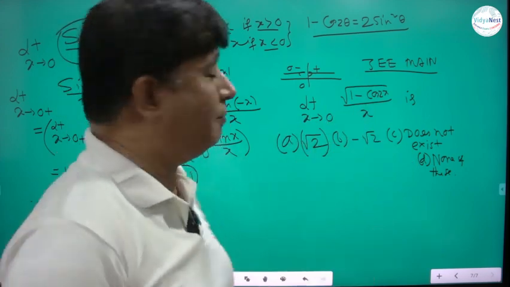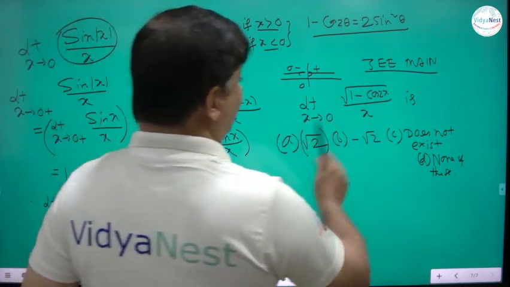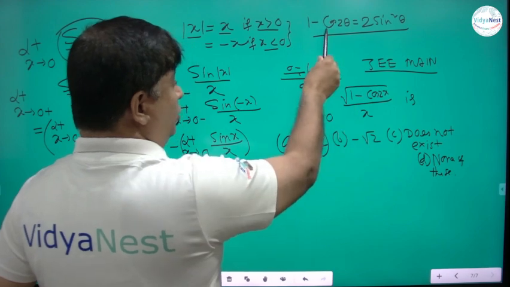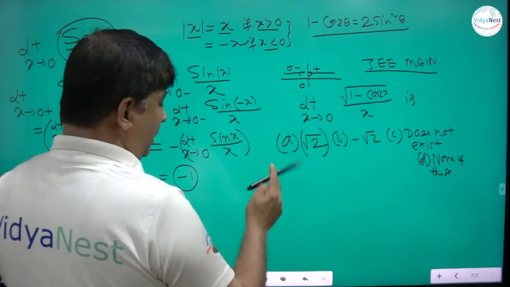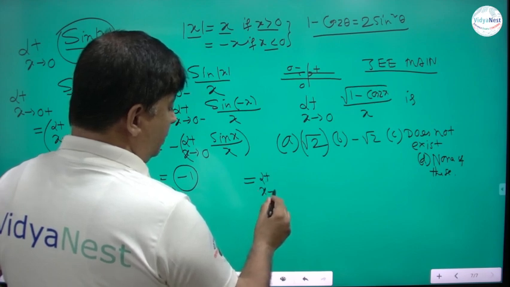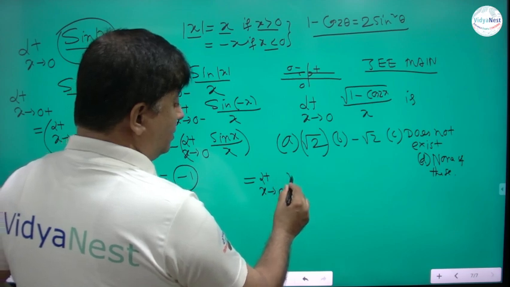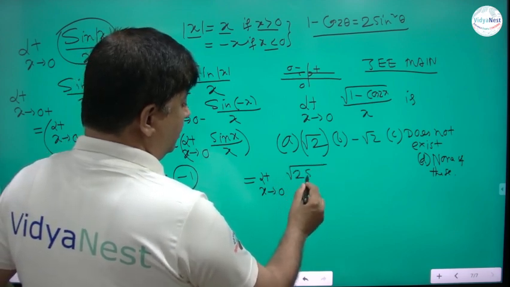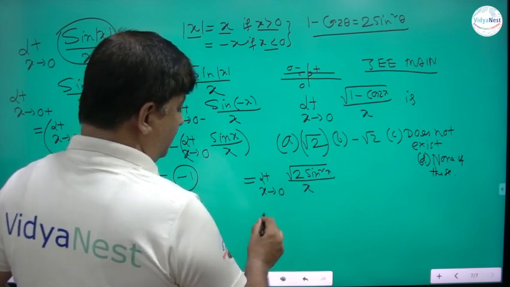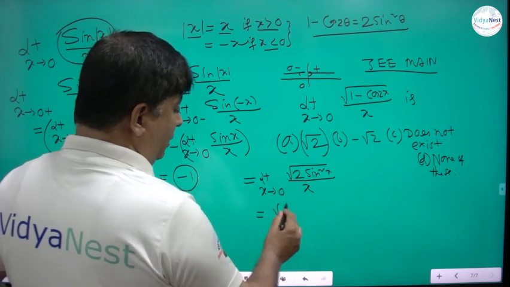That is an easy approach. See, once they got that connection of this sum to this form, they started in this way. First, let us discuss the silly mistake. 2 sin square x by x. 2 will be brought out in terms of root.